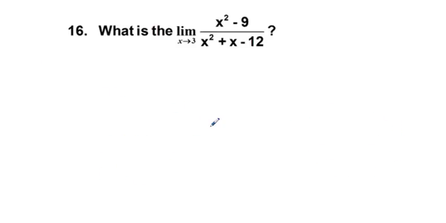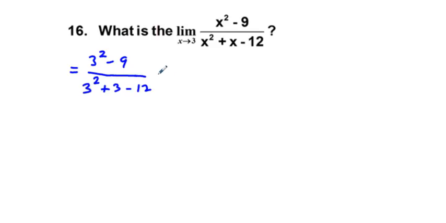Problem 16, I think this is the last one from this section. What is the limit as x approaches 3 of x squared minus 9 over x squared plus x minus 12? So if we substitute in 3, let's just try this out: we're going to have 3 squared in the place of x squared, minus 9, and in the denominator we have 3 squared plus 3 minus 12.